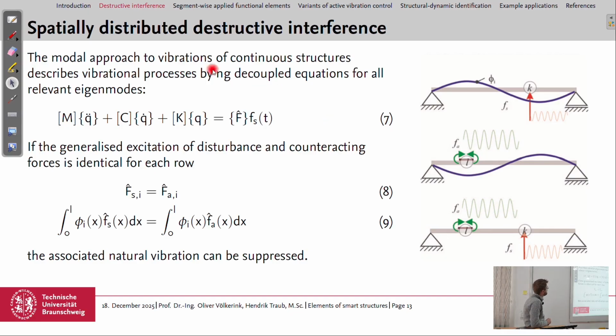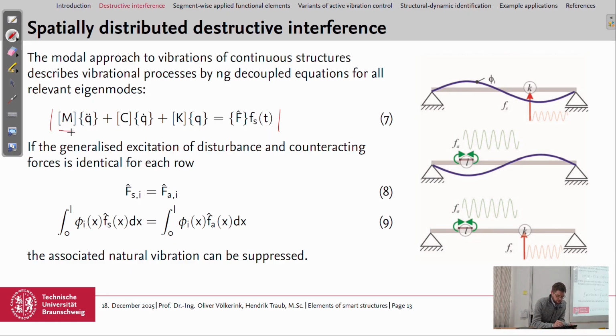So now we have a look at the second variant of active vibration control, the one we had on the right-hand side, the spatially distributed one, where we use the eigenmodes of the whole structure to suppress the vibrations. We can use this modal description of the vibration we had in the last lecture.